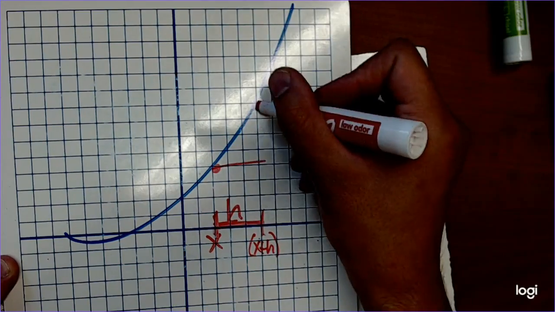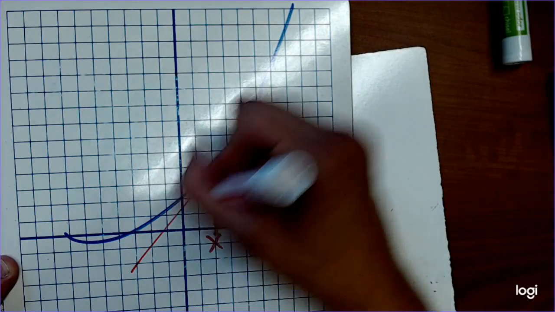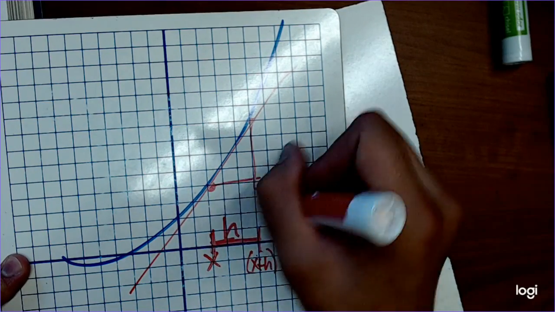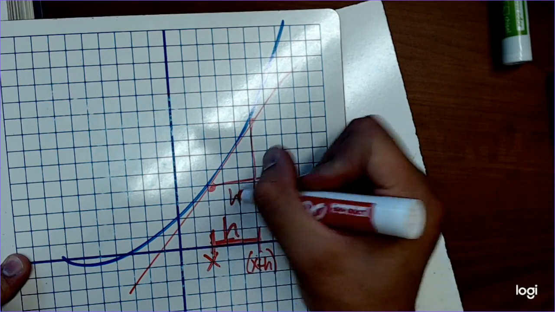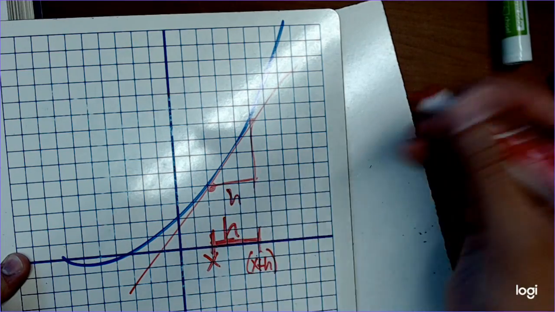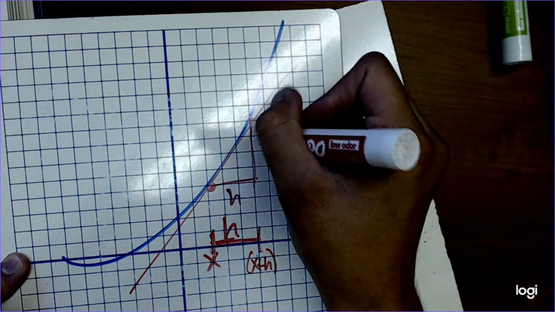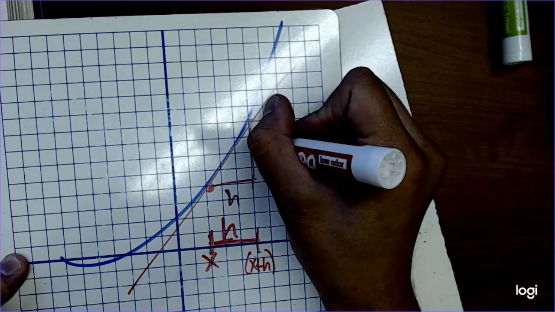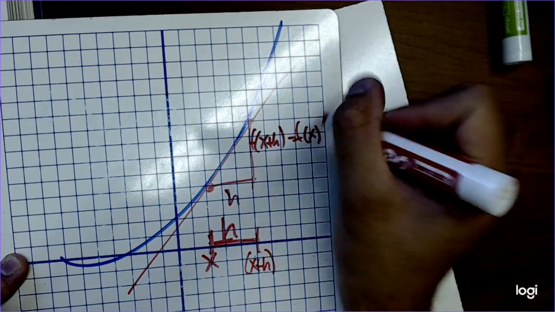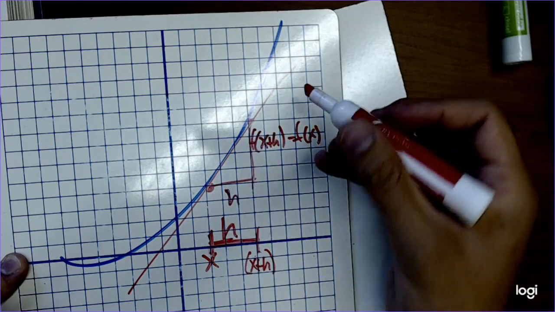So if I were to calculate the tangent slope of that triangle, this rise or delta x would be equal to h, because that's the length of that distance, an infinitesimally small amount. And the delta y would have been f of x plus h minus f of x, because the y values are the functional outputs.